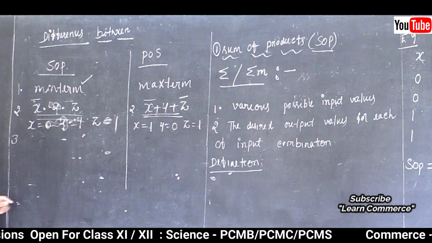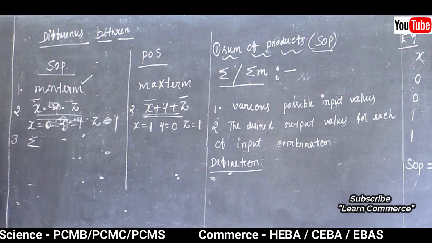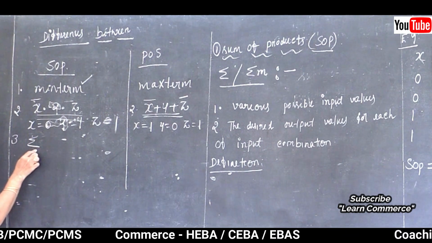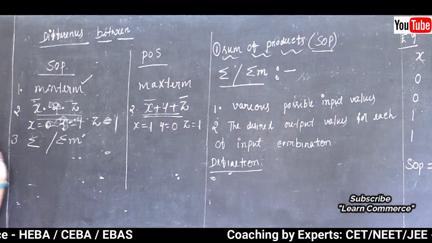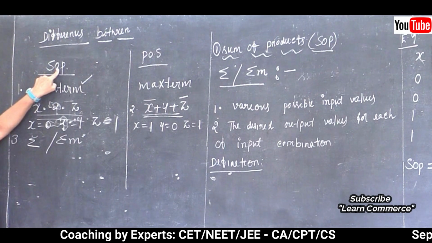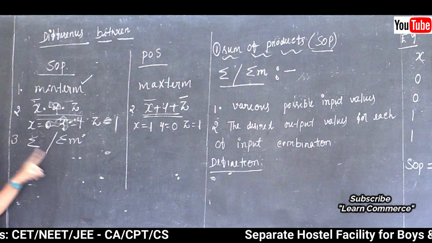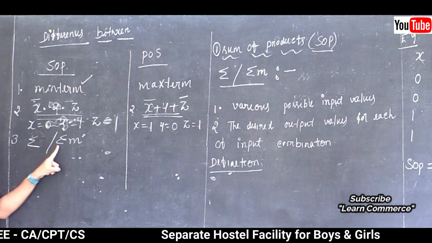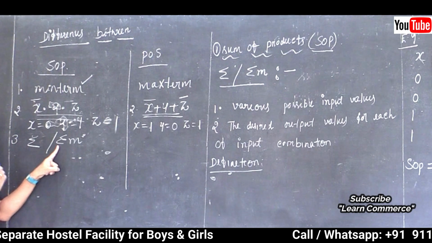Now the third one, the symbol of the min term. The symbol is sigma, or sigma with small letter m. This is the symbol of the SOP, and SOP is equal to min term. So sigma, or sigma small m, is the symbol of the min term or the SOP.